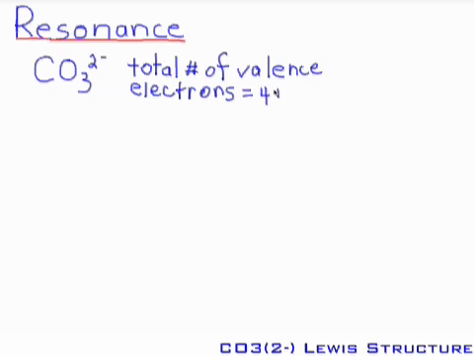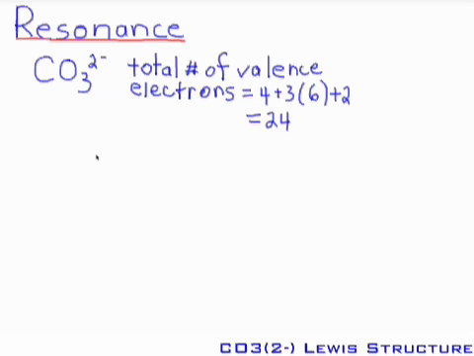Oxygen has 6, and there's 3 oxygens, so 3 times 6, plus 2 electrons for the negative charge. That gives us 18, 20, 24 electrons.